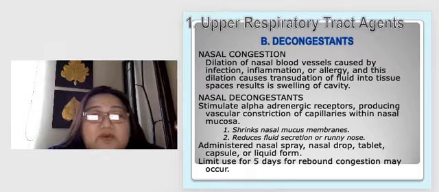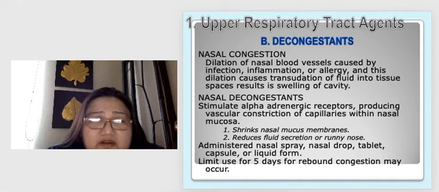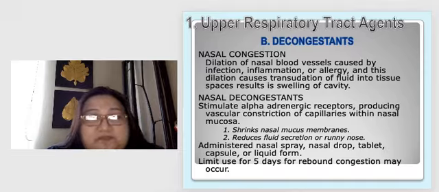What does it do to the nasal congestion? Nire-relieve niya yung congestion kasi nagpo-produce siya ng vascular constriction ng capillaries which occurs in the nasal mucosa. So kapag constricted yung nasal capillaries, mawawala yung pamamaga o yung pagkabara ng ilong kaya marirelease mo yung secretions mo. It shrinks the nasal mucous membranes and it reduces fluid secretion or runny nose.